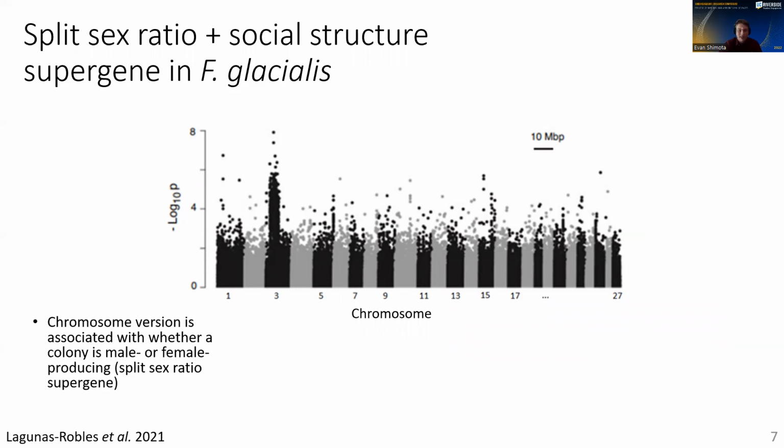On the x-axis in the figure, we have chromosome number, and on the y-axis, we have how associated a particular single nucleotide polymorphism, or SNP, is with sex ratio. Again, we see a cluster of SNPs located on chromosome 3, and this represents the split sex ratio supergene in Formica glacialis.